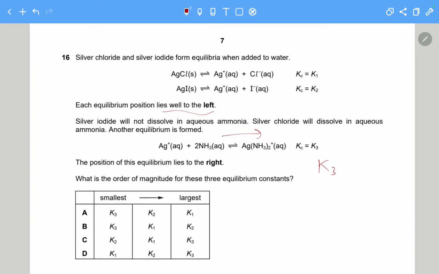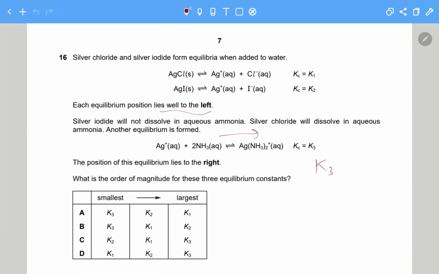So K3 is going to be the largest, and that narrows our options down to C and D. And then we know that silver iodide does not dissolve in ammonia, but silver chloride does dissolve in aqueous ammonia, and therefore the smallest is going to be K2 and K1 is going to be larger than that because silver chloride is still soluble but silver iodide is not soluble, and therefore K1 is greater than K2 and K3 is greater than both of them. So the correct answer is C.